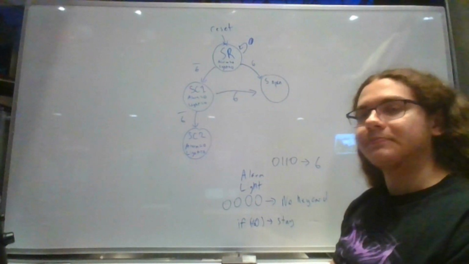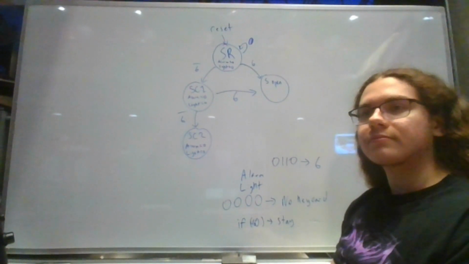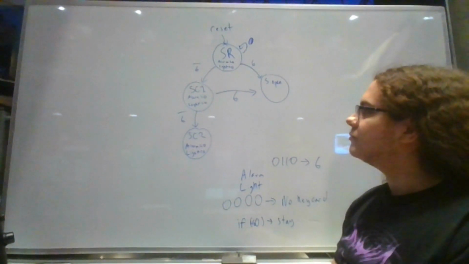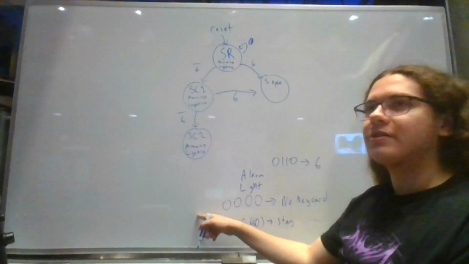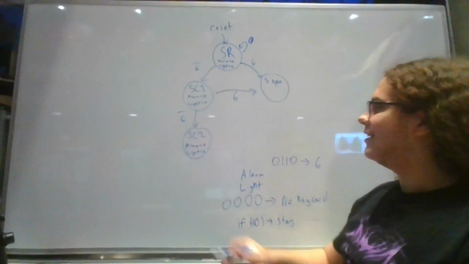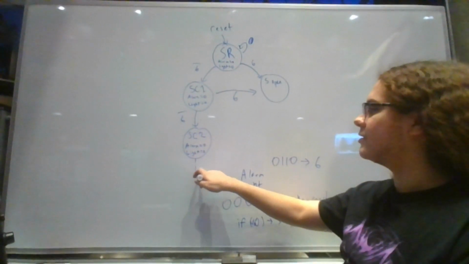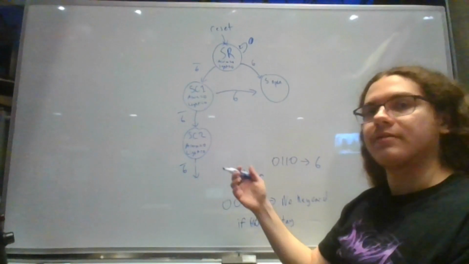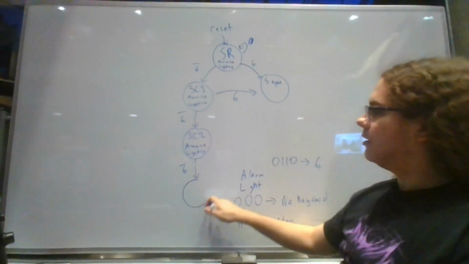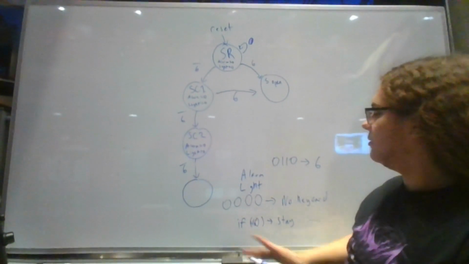What do I do now? You want to go this way still? Okay, yeah, let's just finish that. So let's say we get 6 bar again. We don't get 6. What do you want to call this state?